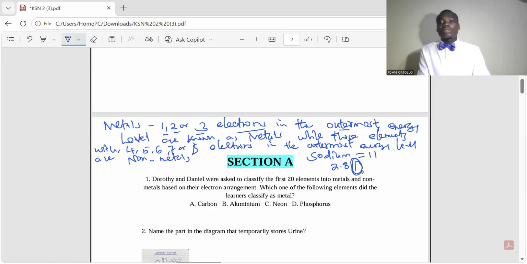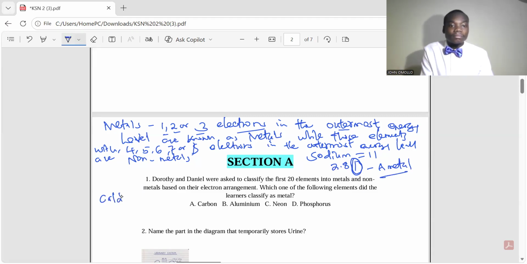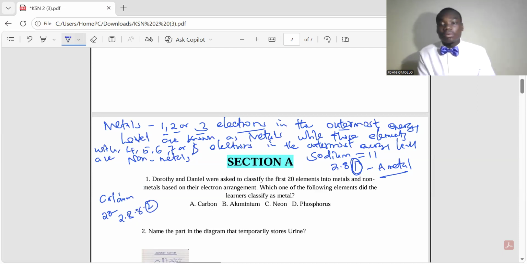The outermost energy level has only 1 electron, and therefore this is a metal. Let's move to calcium. Calcium is number 20 in the periodic table. Its electron arrangement is 2, 8, 8, 2. So the outermost electron count is 2. Therefore, it is known as a metal.